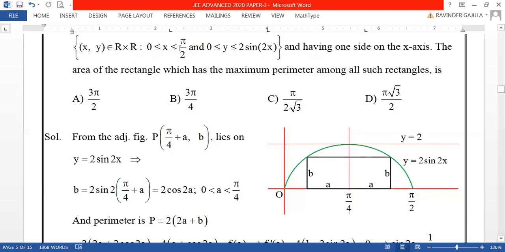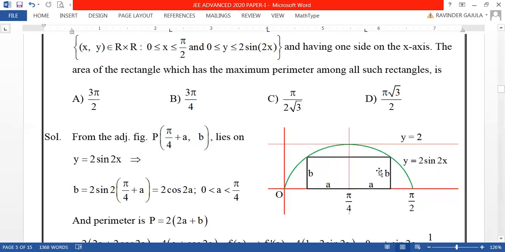When x is 0 to pi by 2, 2x will be 0 to pi. According to the 0 to pi sine x graph, this green curve is y equal to 2 sine 2x. Right. But here rectangles have been inscribed in this.